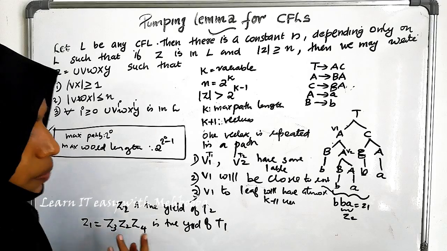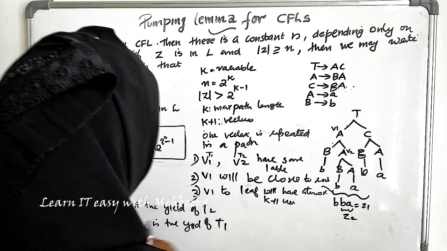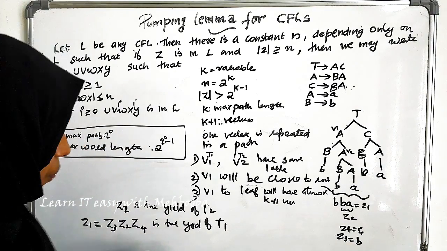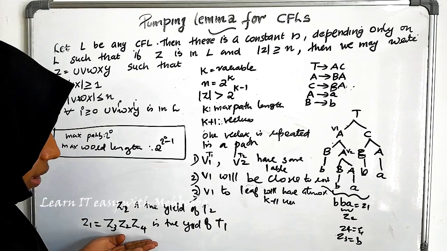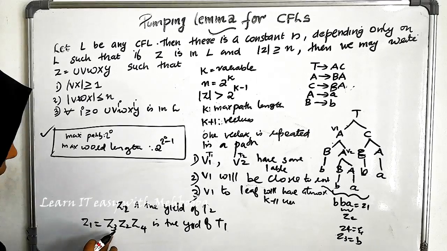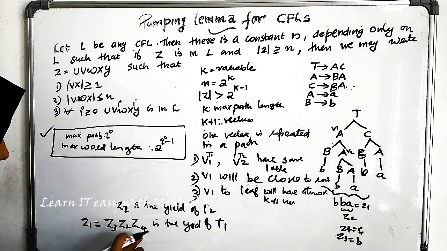Either of them can be epsilon also. Here Z4 is actually epsilon. Z3 is actually B. This particular B is Z3. So this is how we write this. Now, Z1 can be written as Z3, Z2, Z4.